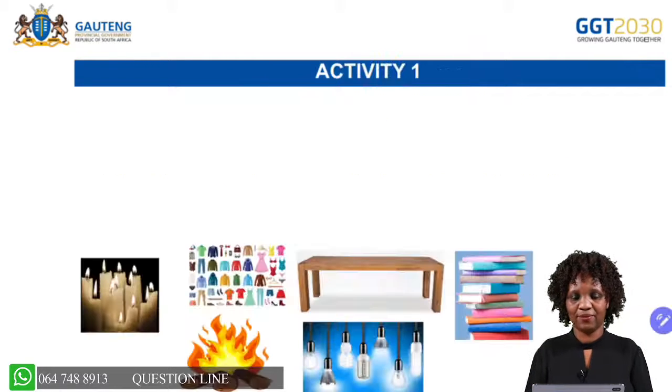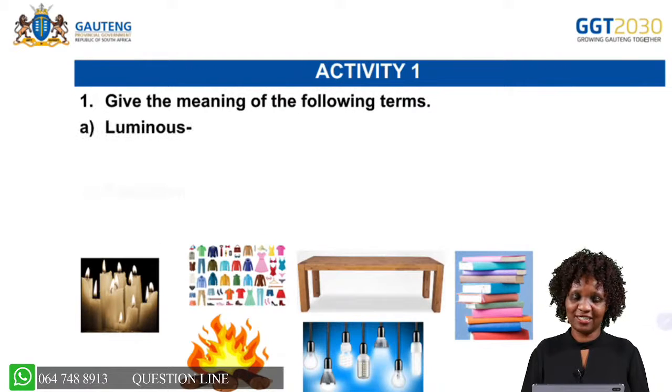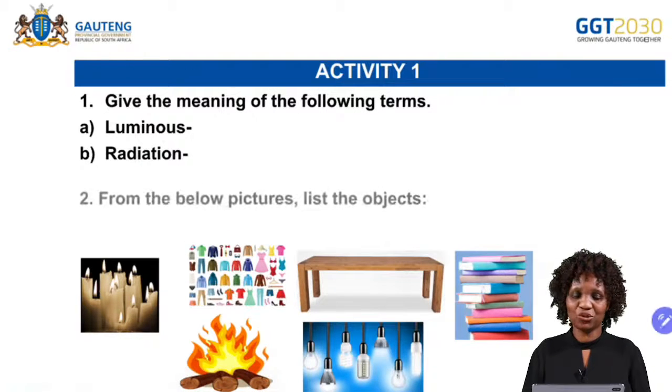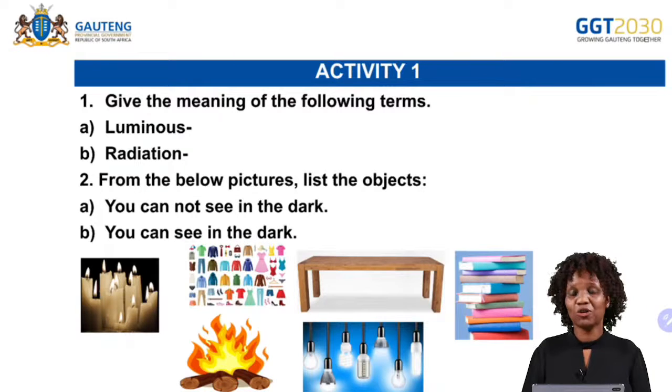Okay. And then we've got an activity, grade 8, which I want us to work on now. I'm going to give you 2 minutes to write the activity. Question number 1 says, give the meaning of the following terms. A, luminous.